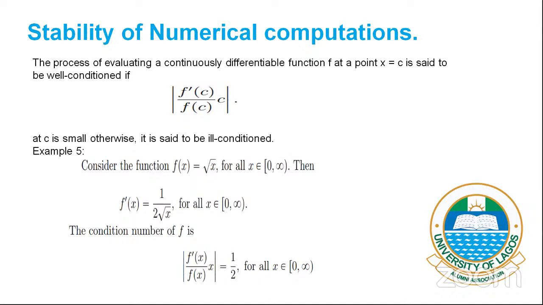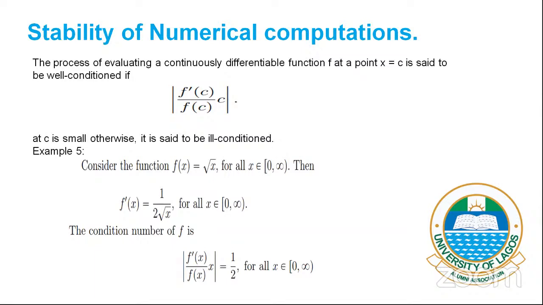When you see f prime of x, we have differentiated x using the normal formula, which is n x raised to n minus 1. That's the formula to differentiate. So this equals 1 over 2 root x for all x elements 0 to infinity. This interval is called a half interval, because you can see the square bracket and the round bracket.